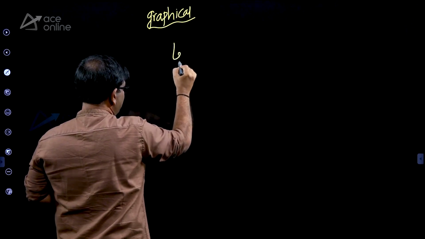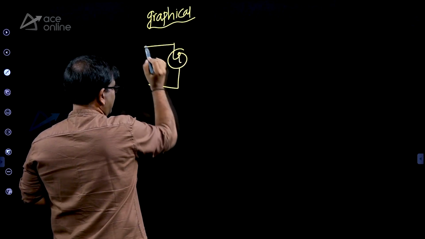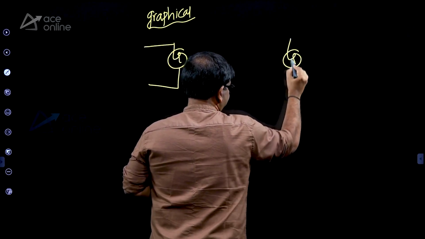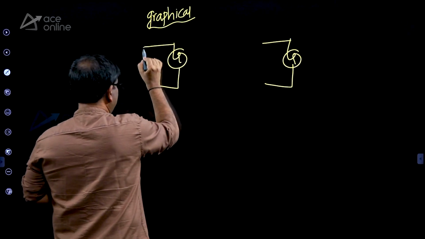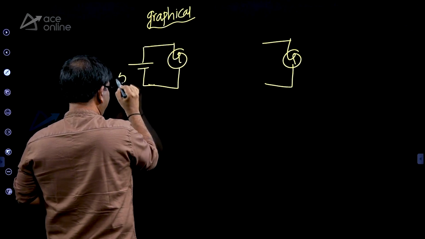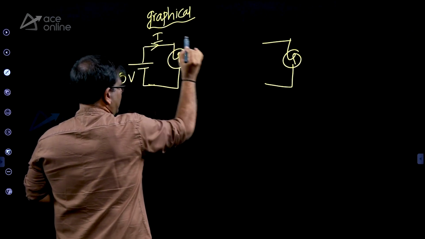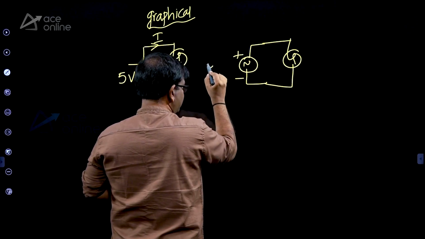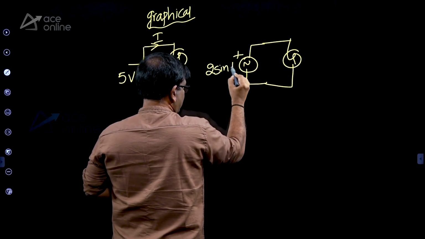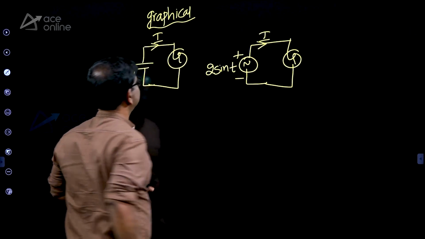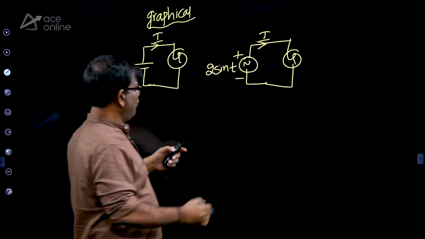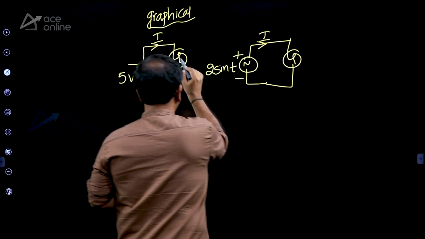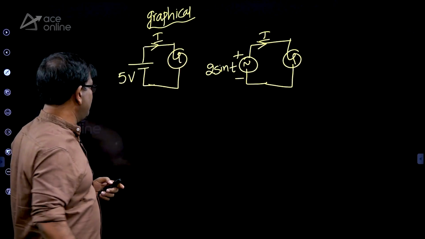So if somebody gives you a bulb and says that I am giving a DC voltage of 5 volt, and an AC voltage of, say, 2 sine t, what is the current? Now you can also solve this problem with a graph. How do you solve the problem with a graph?